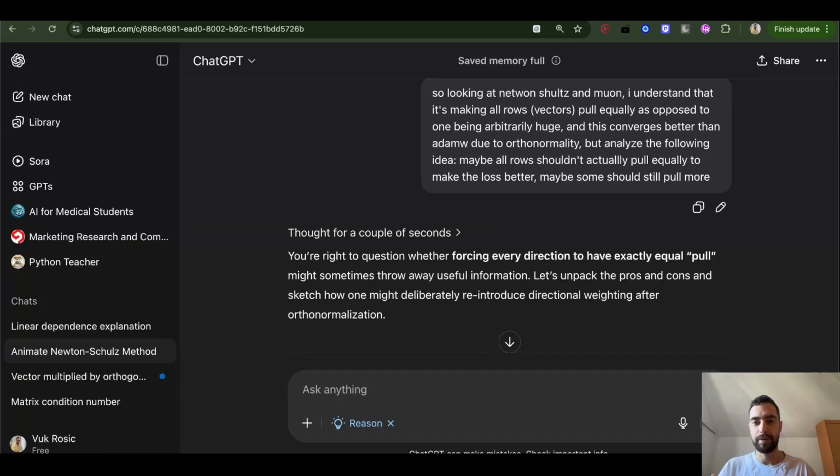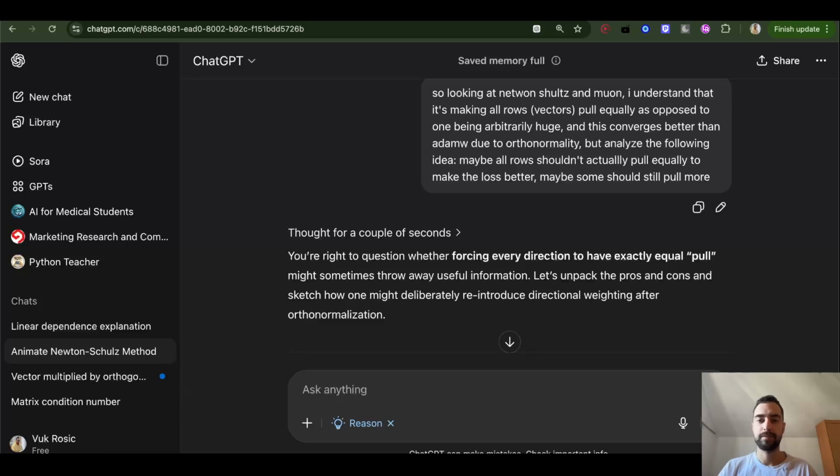So to recap, benefits and drawbacks of the new Muon optimizer and maybe future research directions. It's going to make all of the rows, the vectors, pull equally into every direction, instead of one row pulling too strongly, not because it reduces loss, but because it got multiplied with big input numbers.